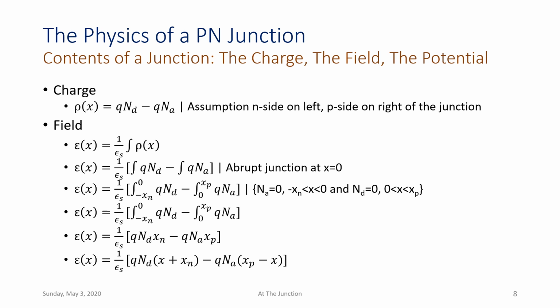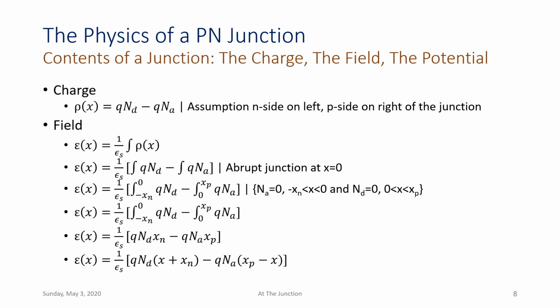And we know that there will be no N sub A on the n side, and there would be no N sub D on the p side. So after we integrate and apply the limits, we get the second last expression on this slide, which is 1 divided by the permittivity of the semiconductor times Q N sub D x sub n minus Q N sub A x sub p.